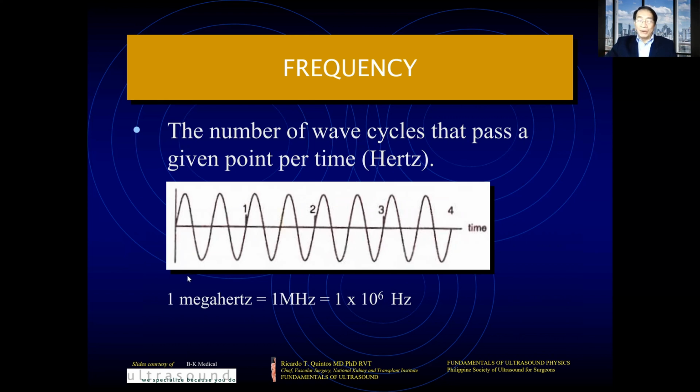Now, sound will usually have many frequencies or many waves per second going through a particular point in time. We can have 1,000,000 hertz going through a particular point in time, and that will be called 1 megahertz.